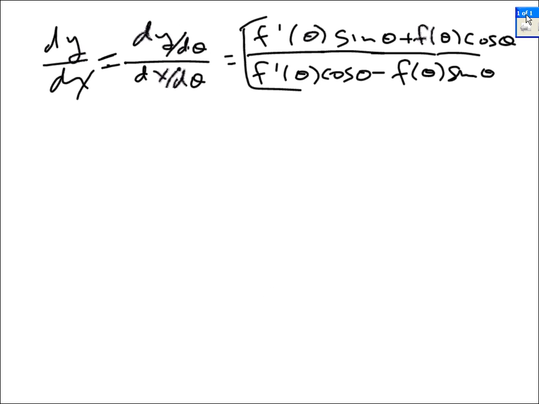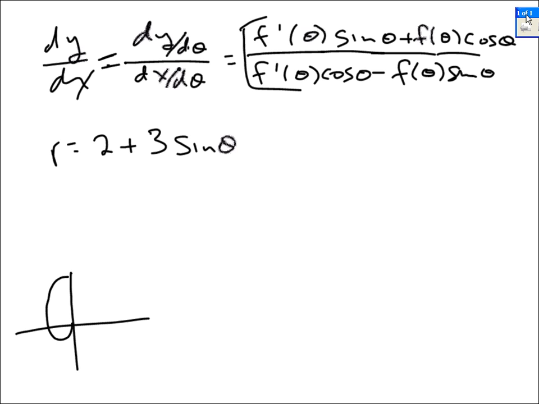Okay, so now they tell us in problem number 1 that r is equal to 2 plus 3 sine theta. And they even give us the graph, which looks like that.